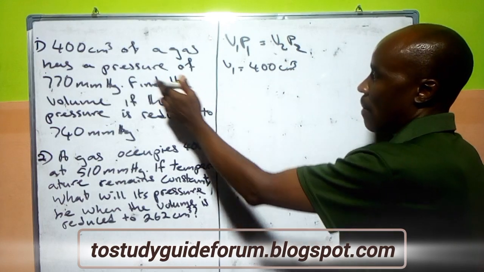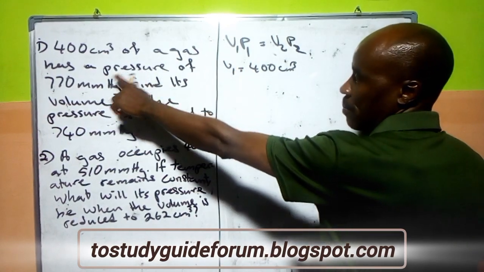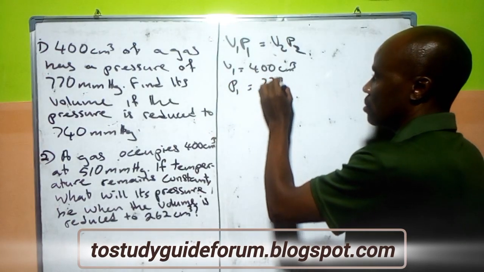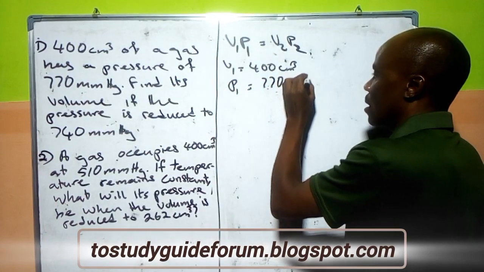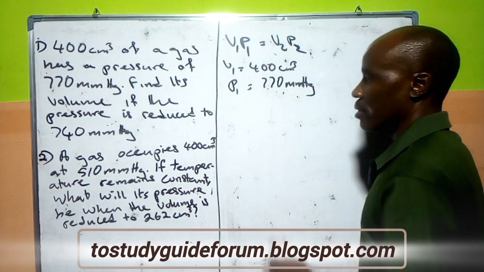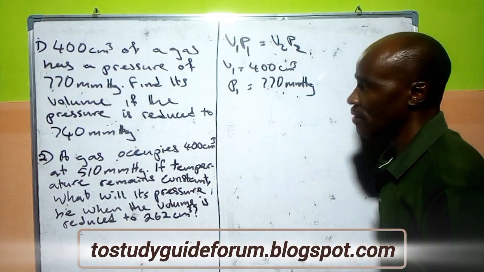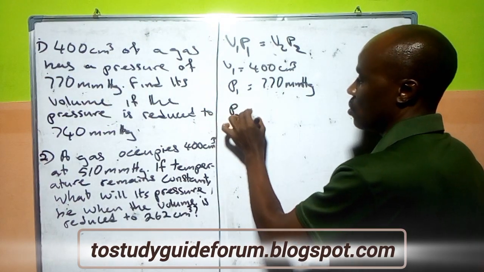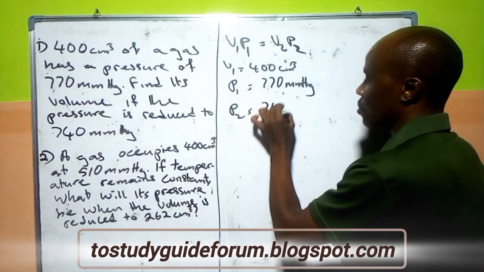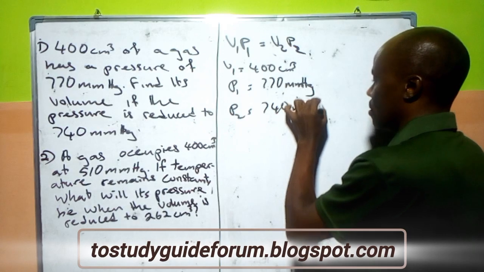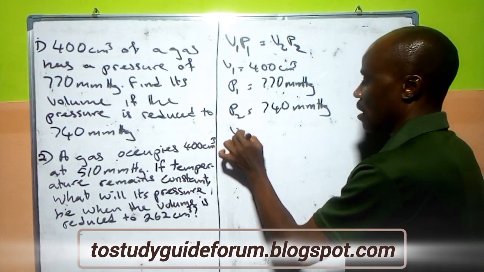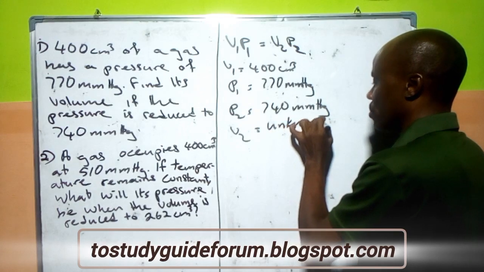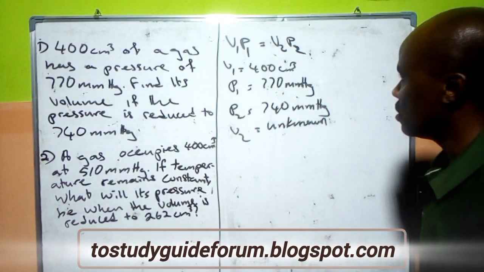And then our P1, this is the pressure here, P1 is equal to 770 millimeter mercury. We are asked to find its volume. Now we are given the pressure, the P2, which is 740 millimeter mercury. Now we don't have the volume. The volume is unknown. We are going to get this volume.